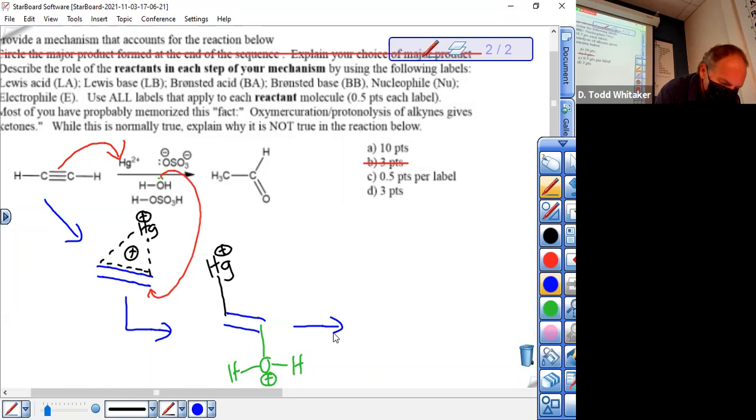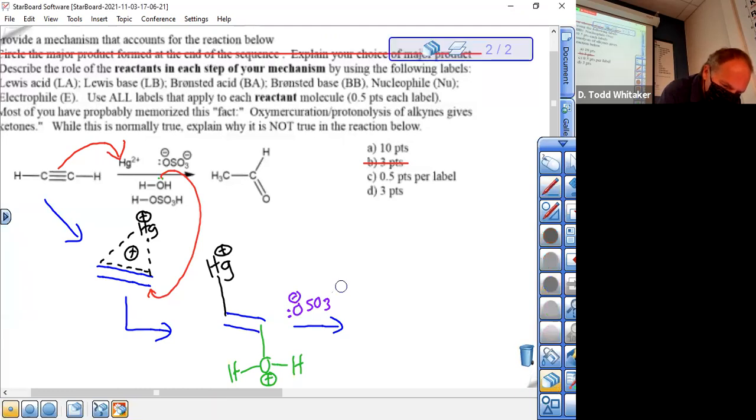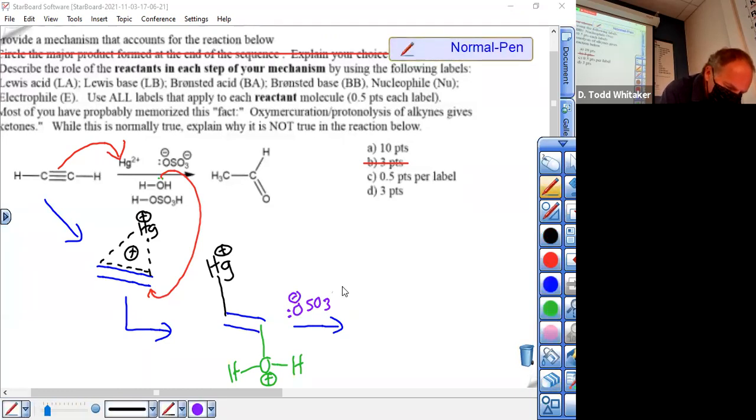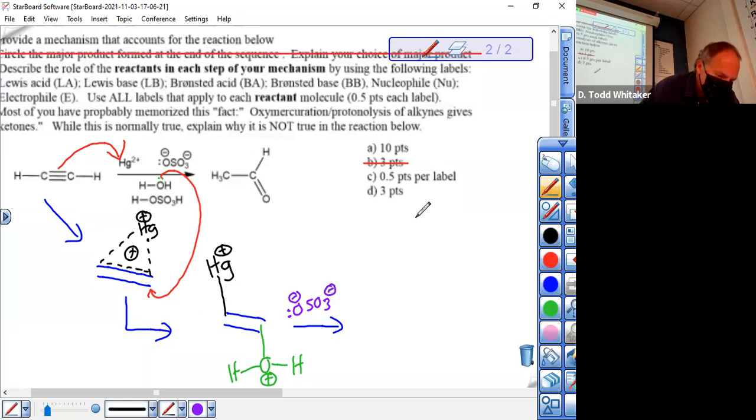So sulfate we'll put in purple. We've got OSO3 lone pair. Oops, it's sulfate, not hydrogen sulfate. Sorry about that. It's the one above the arrow right here. I copied it. And then neutralize the oxonium.